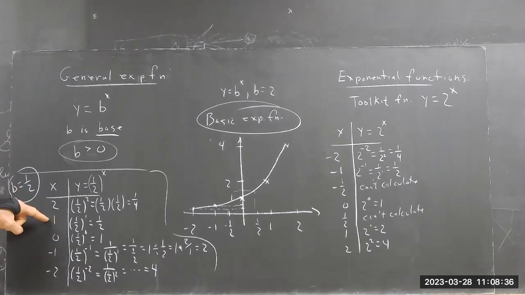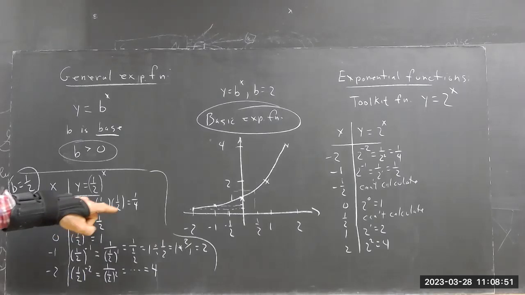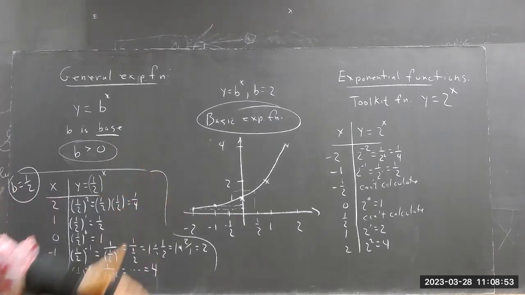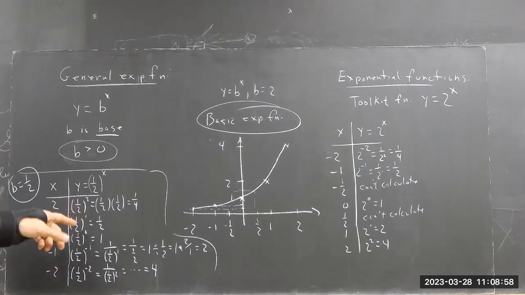Now, I started with positive exponents, went to negatives. And people did pretty well with the positive exponents, but the negative exponents threw them. So if x is 2, then 1/2 to the second means 1/2 times 1/2. That's what it means. It's 1/4. And then for 1 and 0, the numbers are pretty obvious.